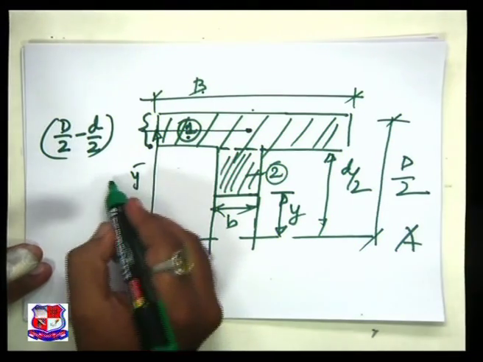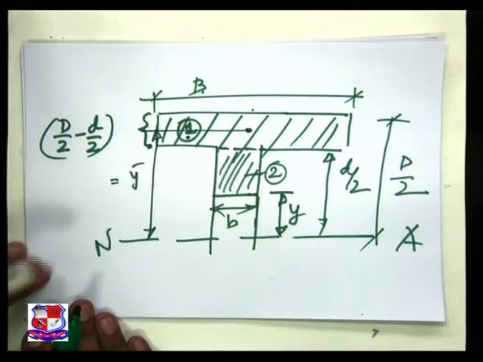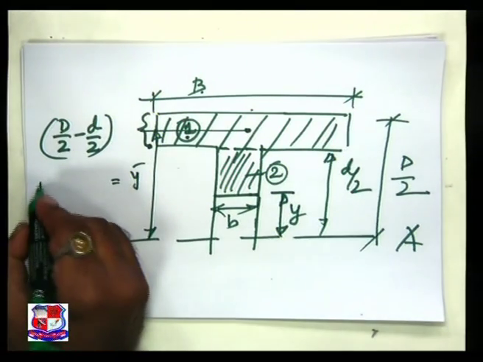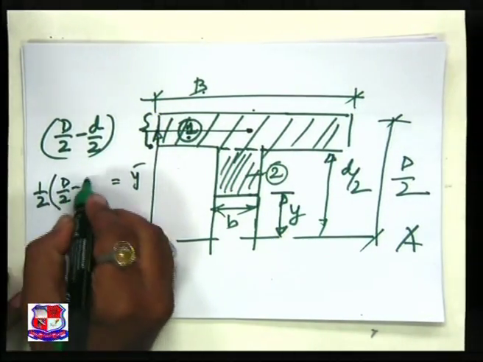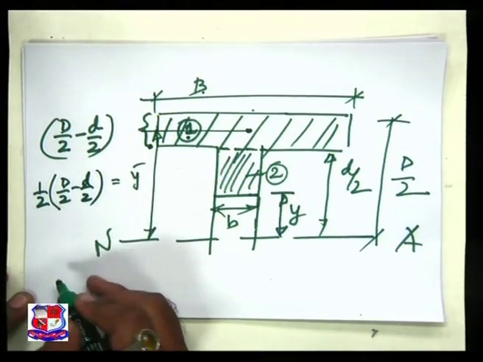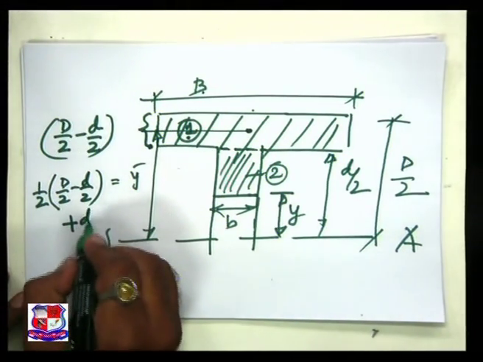What is y bar for that? It is nothing but half of D by 2 minus d by 2 plus d by 2.